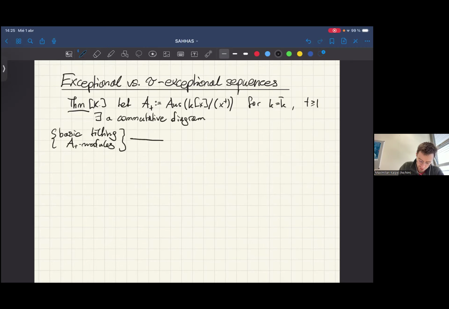These are in bijection with complete exceptional sequences of A_t modules. So this is one of the words in the title.